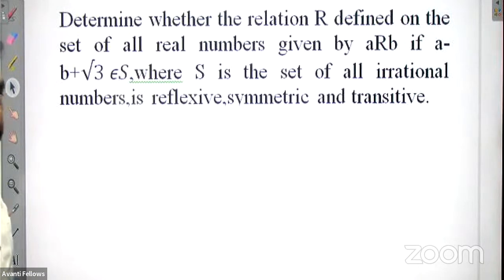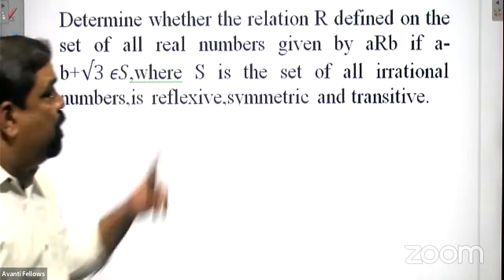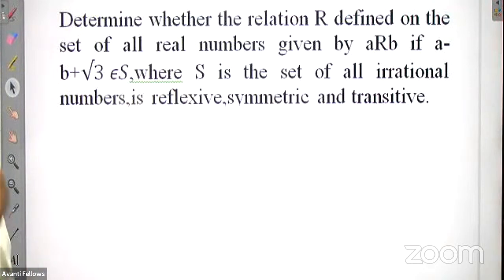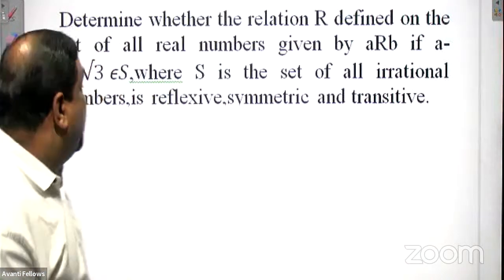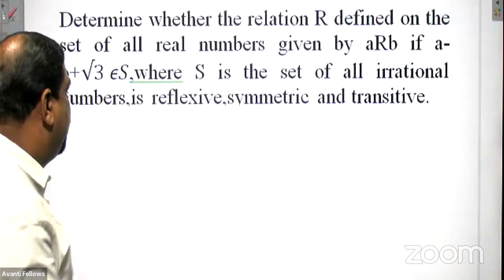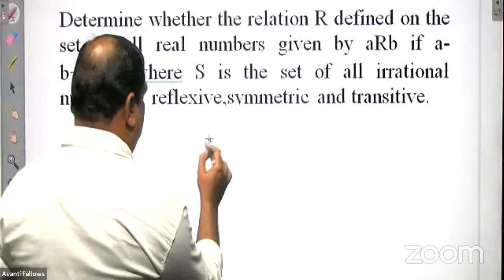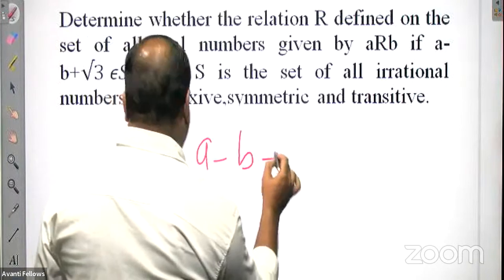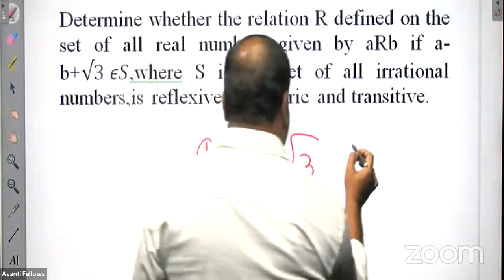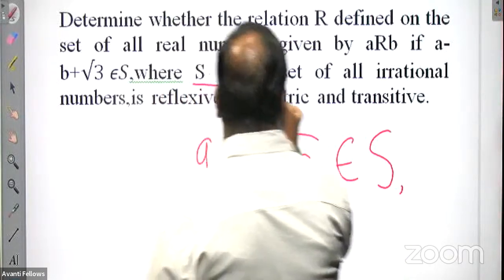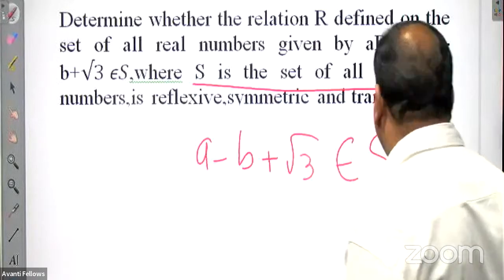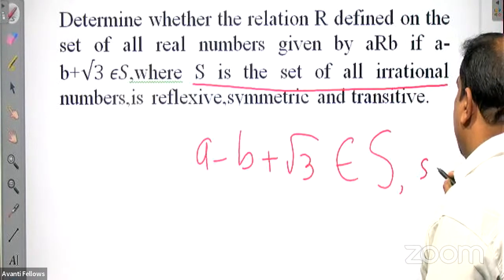Determine whether the relation defined on the set of all real numbers given by A is related to B if A minus B plus root 3 belongs to S, where S is the set of all irrational numbers.